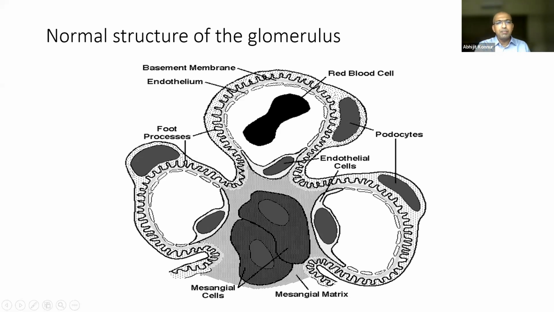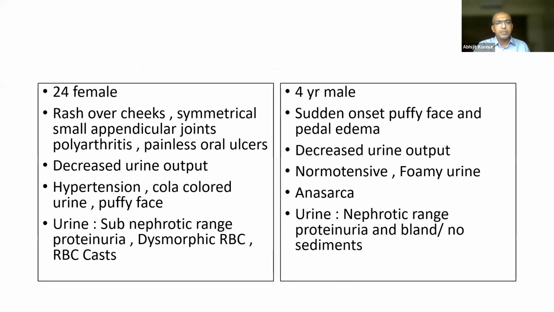In between them, they rest on the glomerular basement membrane. These capillaries are held together by specialized macrophage-like cells called mesangial cells, which have an area around them called mesangial matrix, which is like the cementing substance which holds this whole bunch of capillaries together.